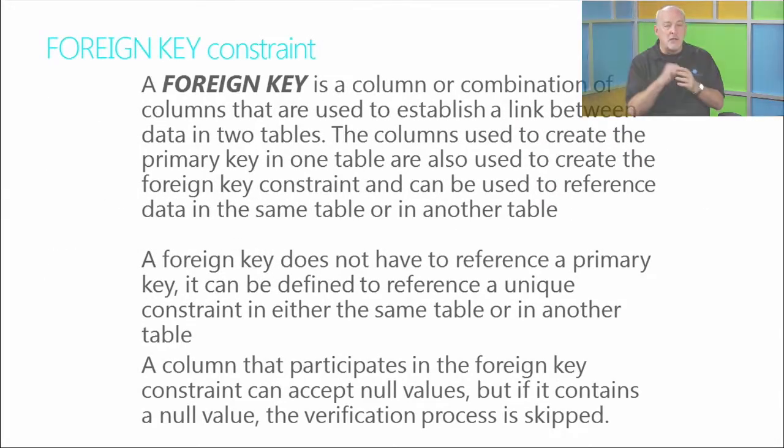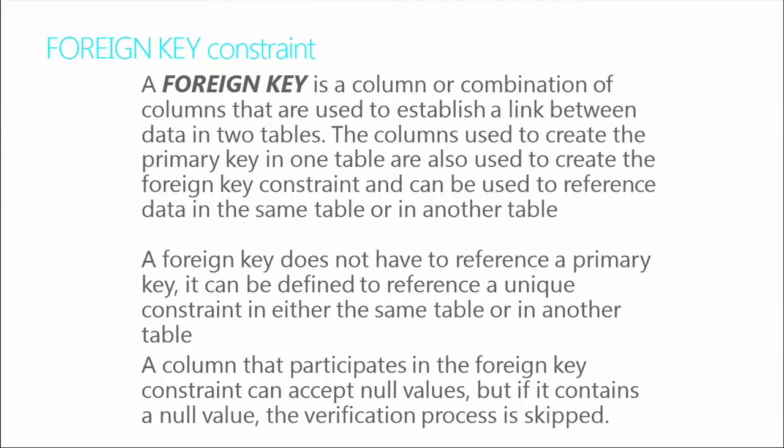The foreign key is used to reference that content. The foreign key is a column or a combination of columns. If the primary key uses two columns like we did with the license number and the state code, the foreign key referencing that has to use both to reference it as well. So it references the unique constraint that's created over there for that primary key.